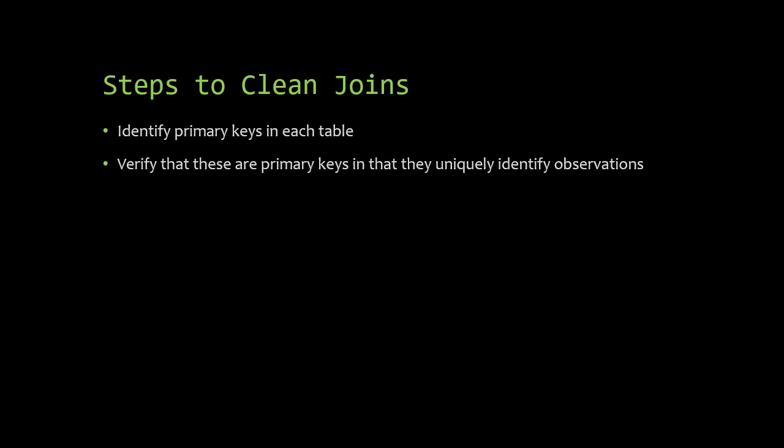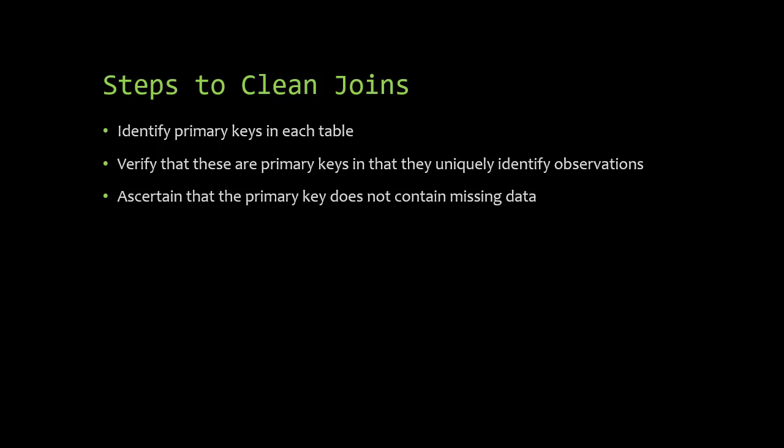Let's consider now the steps that we can often use to clean joins. You remember that one thing we did was we identified a primary key by making sure that it uniquely identified an observation in our data. So we verify that these primary keys are unique by doing counts and making sure there's no more than one observation with that key in the data.